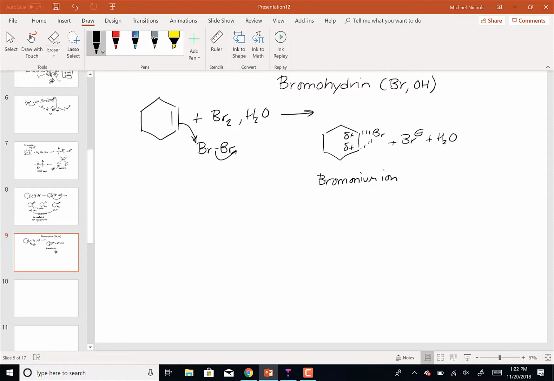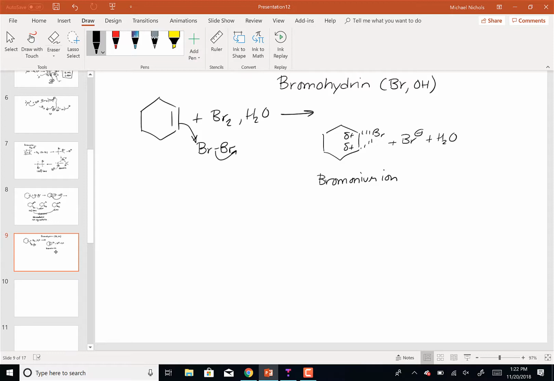So now I take a step back from this reaction and say, okay, when I formed the triangle with just Br2, the Br minus had to swing around the triangle and attack from underneath. But there wasn't anything else there to compete with it.